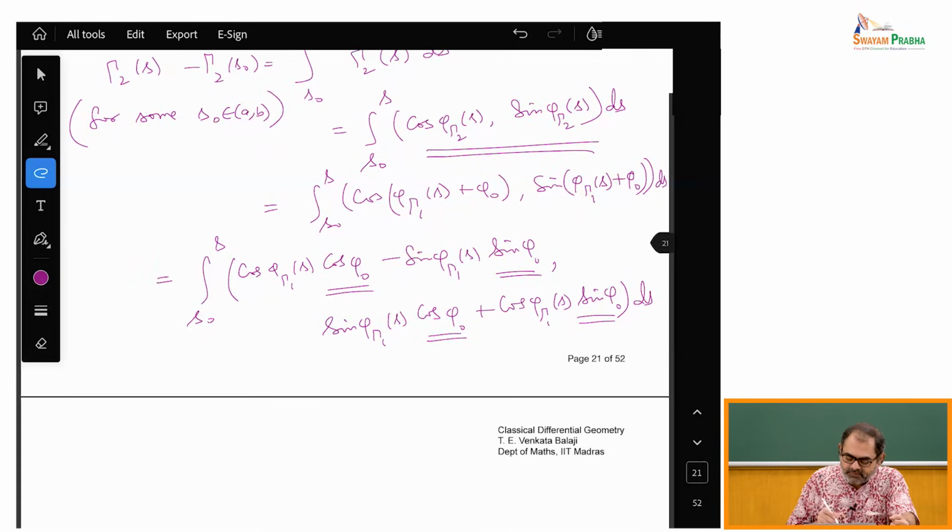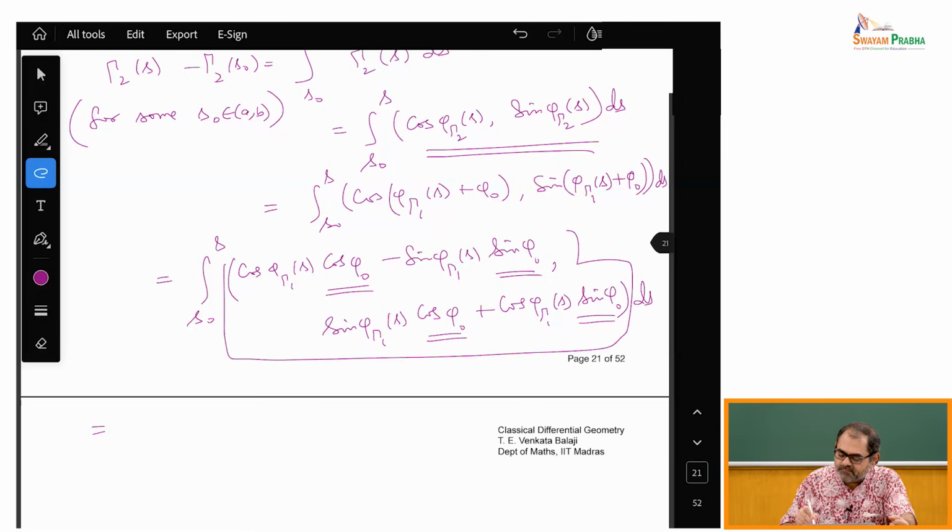And the other thing that you have to notice is that this term here is actually a rotation by the angle phi naught of (cos phi gamma 1 s, sin phi gamma 1 of s). So that is the interesting thing that you have to notice.